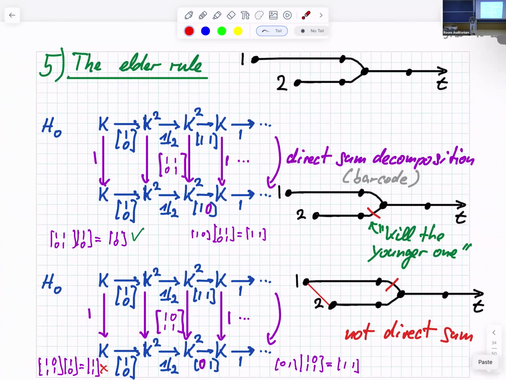I need to keep the component that has been born before. So I have to kill the younger one. I'm sorry for this. So this is not a rule made up by some old guys. It's really representation theory that is dictating this rule. This is the direct sum decomposition.